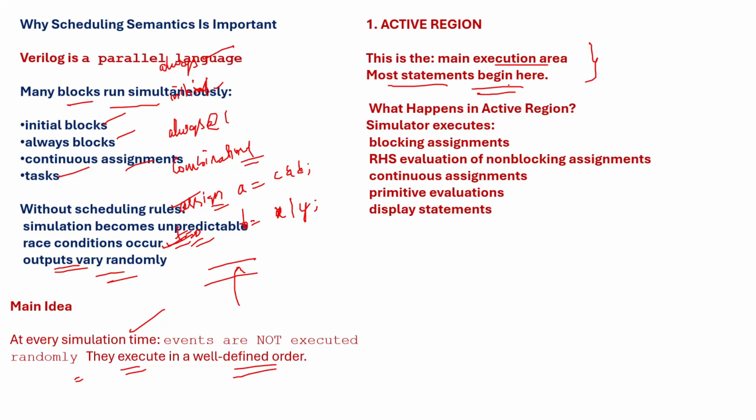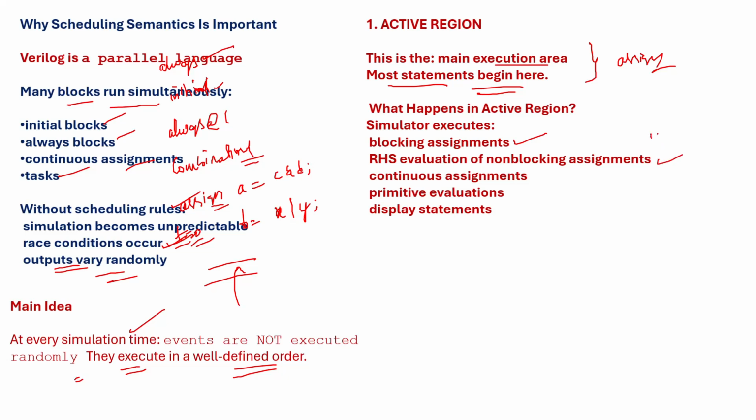Assignment statements execute here only. See what happens in the active region: blocking assignments are executed, and the RHS evaluation of non-blocking assignments.